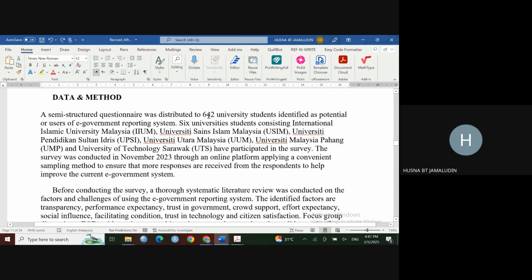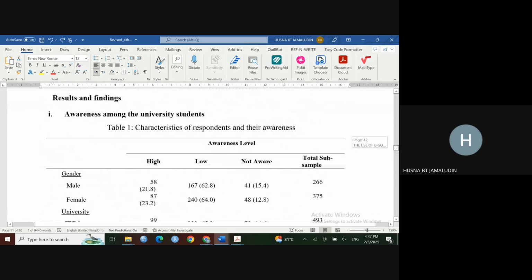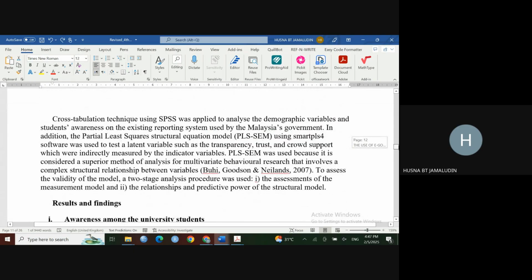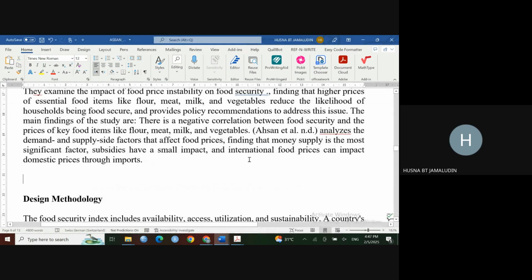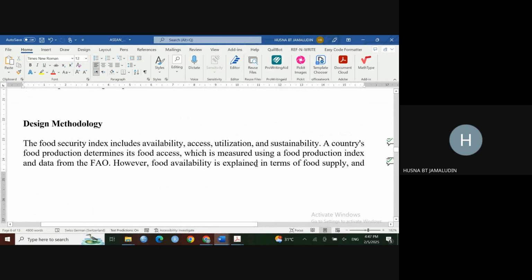So this questionnaire was distributed to 600 students. Why a lot? Because we are using convenient sampling. When you are using convenient, you have to select more data. And then we are using different methods. Okay, how about this one? This is the secondary one.